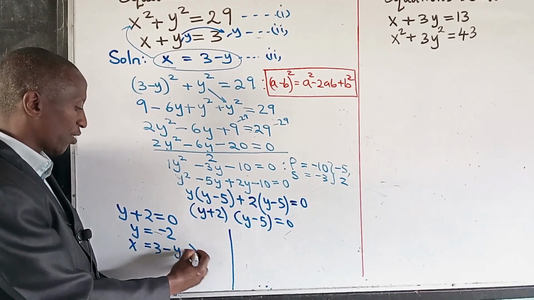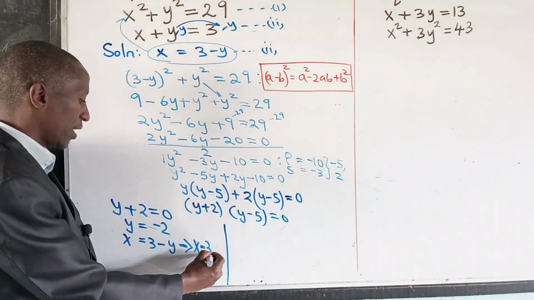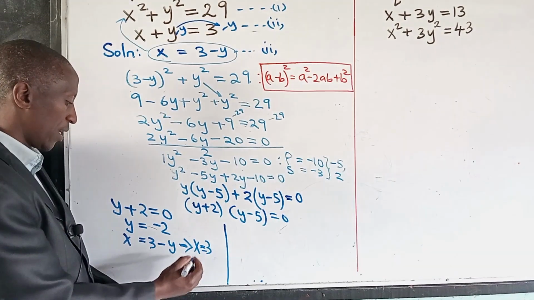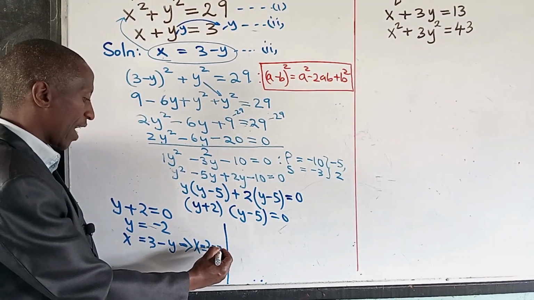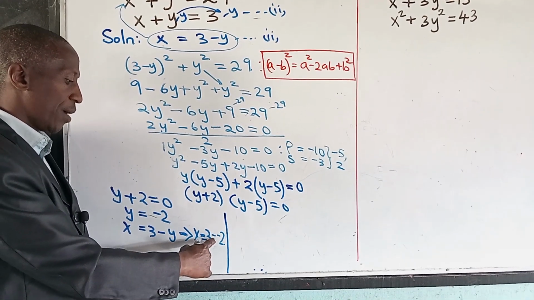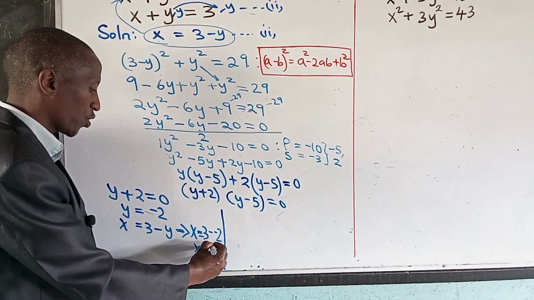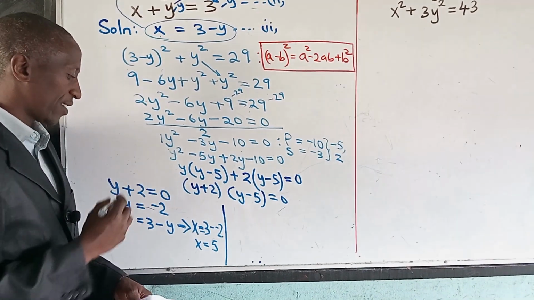That is leading us to a conclusion that x should be equal to 3 minus negative 2. 3 minus negative 2 gives us that x is equal to 5.